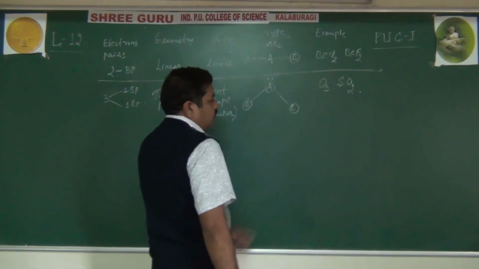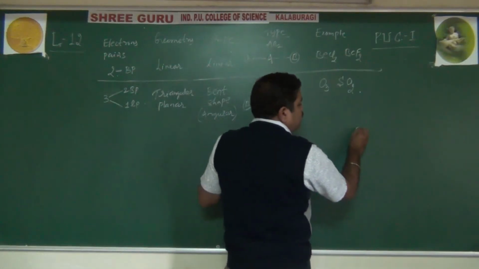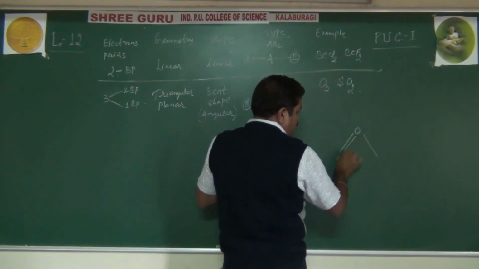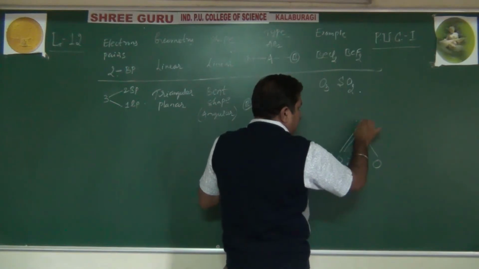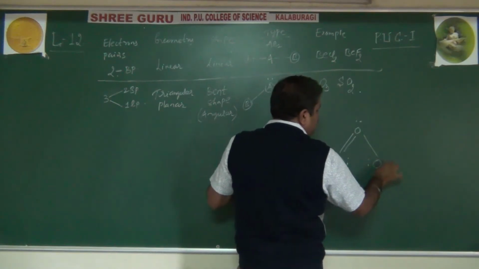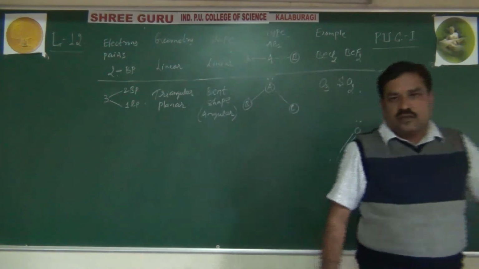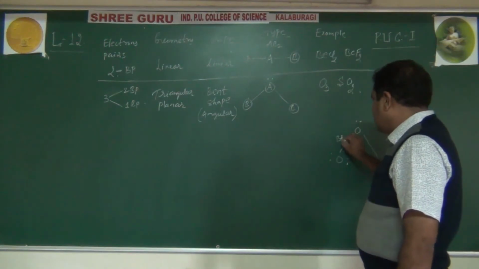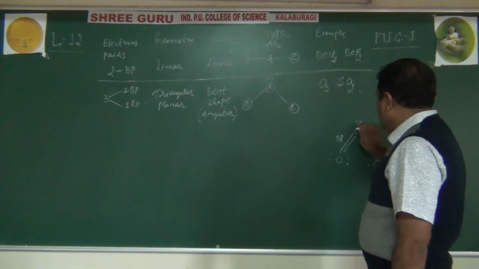Here I will show you in detail. For this, we have to remember like this. Ozone, you already know, double bond O, single bond O, two lone pairs, one lone pair, 2, 4, 6, 8. This you already know. And here don't get confused, students. Irrespective of bond order, this is considered as only one bonding pair, and this is one lone pair.